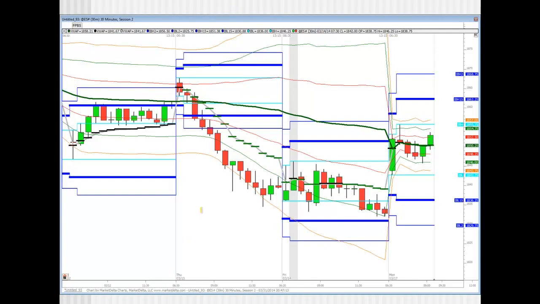So now what I'm doing here is I have actually added the standard deviations for my weekly VWAP. And boy, what a powerful addition that is.